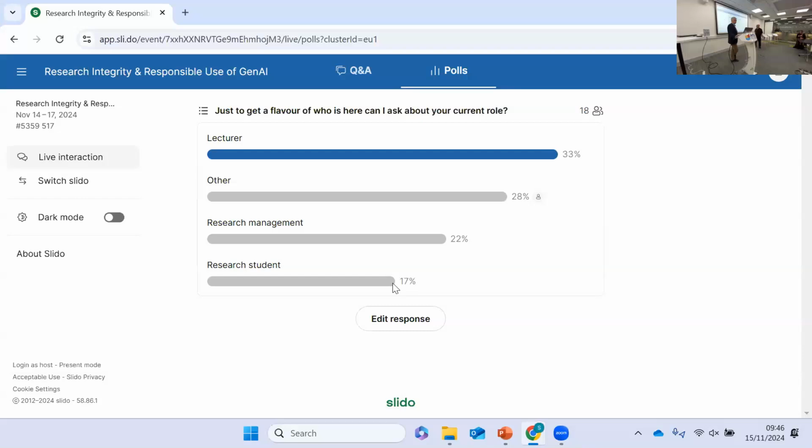We seem to have a good flow. I love doing these live events because it's moving up and down, so you get a sense there. So people are just joining in. It's just a useful thing for us. And I'm delighted to see there's a good spread of different participants here today.